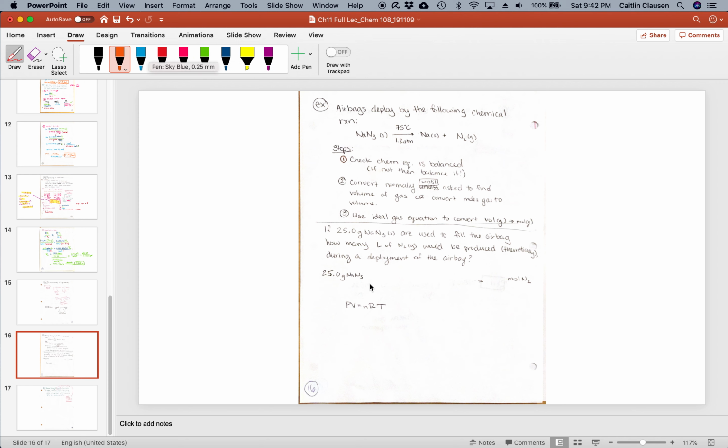The molar mass of sodium azide, if I calculate it from the periodic table, is 65.0099 grams. That's got to be on the bottom. And the moles per 1 mole goes on top.